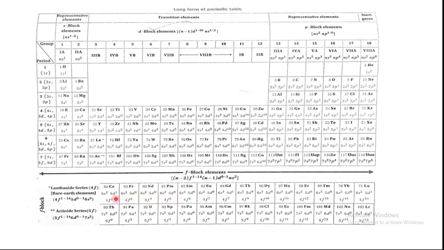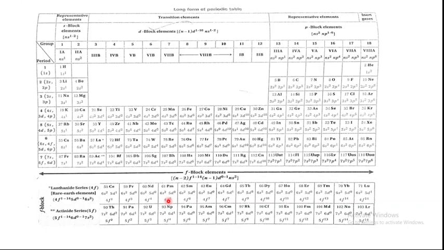But in the case of the lanthanoid series as well as the actinide series, it is observed that with the increase in atomic number, the size of the atom goes on decreasing, due to the decrease in ionic radii. This decrease can be explained with the help of the screening effect of the f orbital.